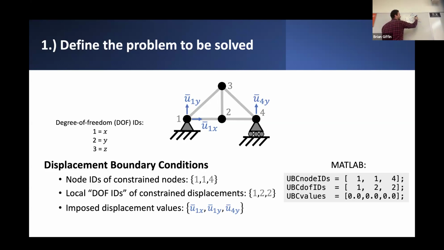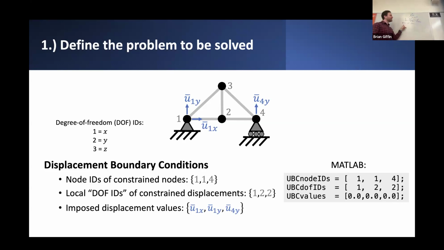I could call this the second local degree of freedom for node 2. I'll call that j. And in general, I could swap this and say I equals 1 if I'm looking at node 1, and so forth. That's basically what these two rows are denoting, an I and a j: a node ID and a local degree of freedom ID.